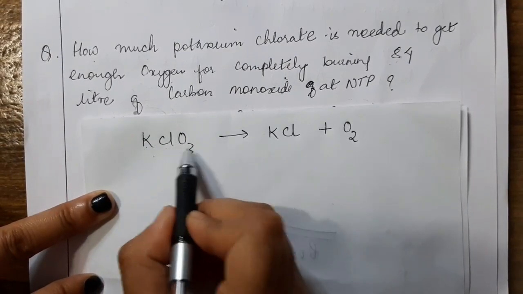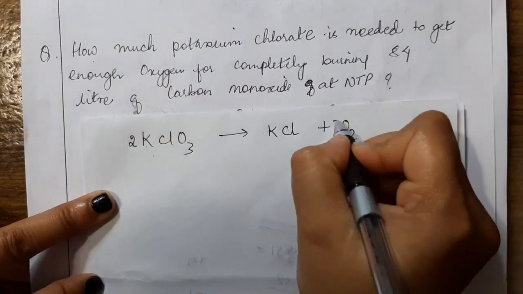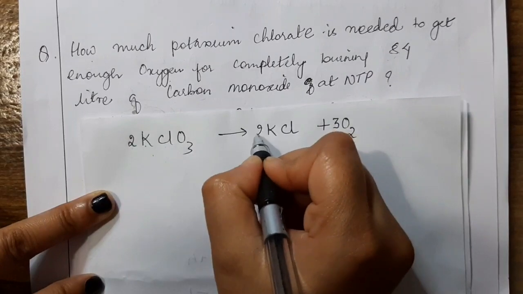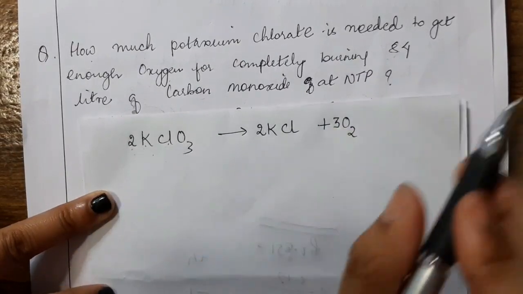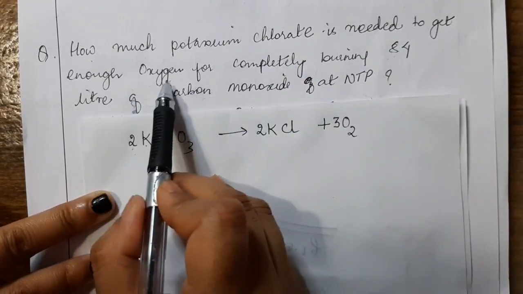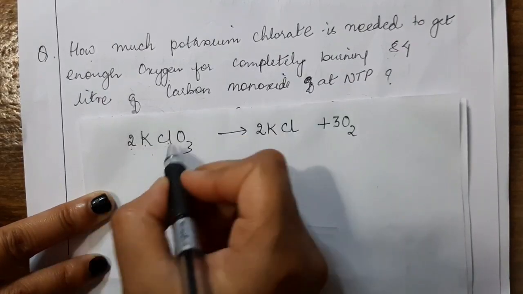K is 1, chlorine 1, oxygen is 3 on one side and 2 on the other. So we need to multiply by 2 here and by 3 there. So we've got 2K, so here also we need to make it 2K, 2Cl, 3 2s are 6. This is balanced. Then the next part is oxygen for completely burning 84 liters of carbon monoxide.